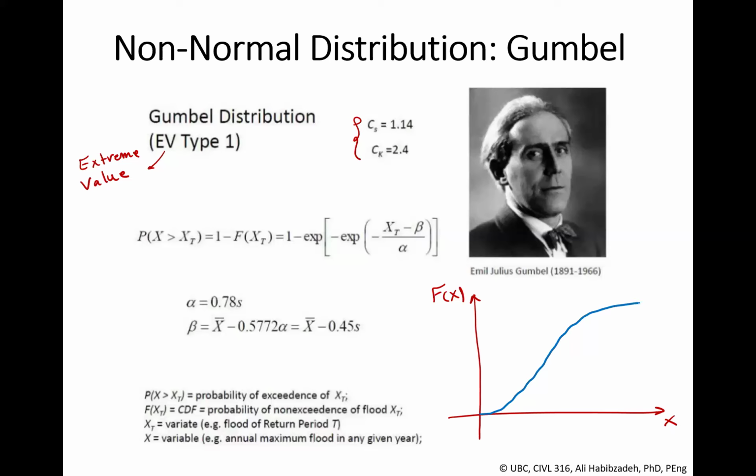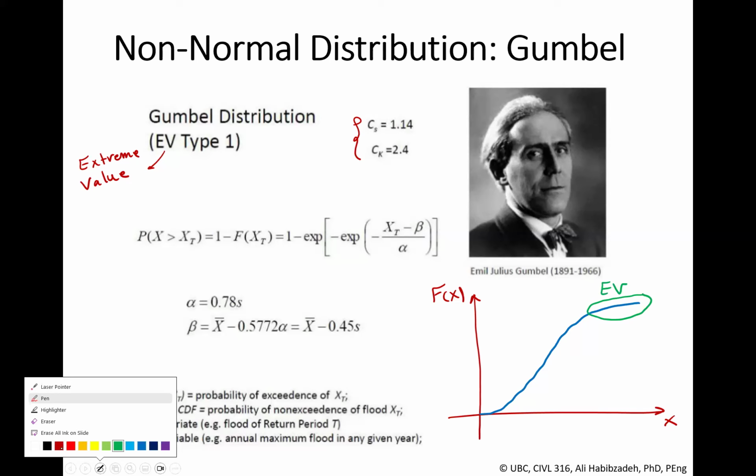As you approach larger and larger X values or bigger and bigger floods, you're getting into an area where the events are extreme, like extremely large floods and so on. So this is EV, extreme value type study.